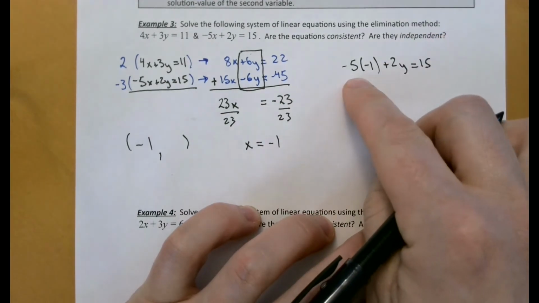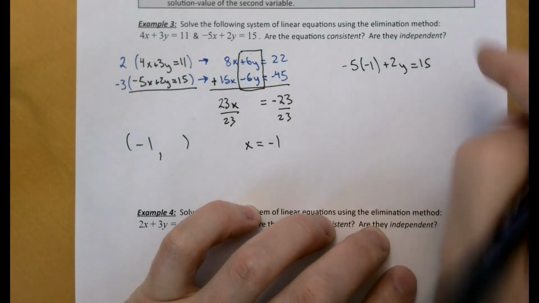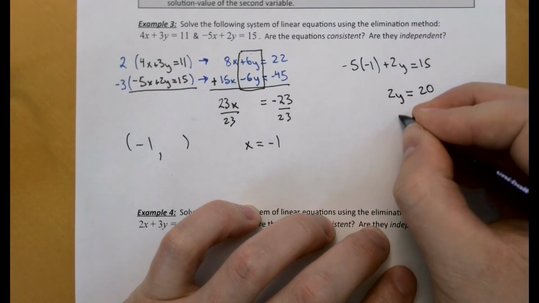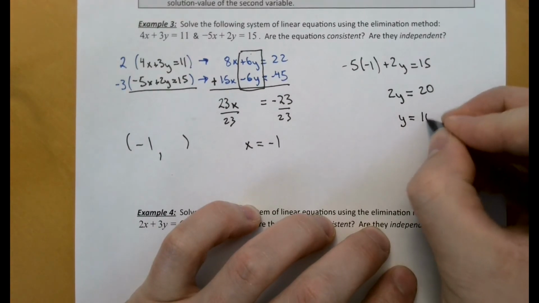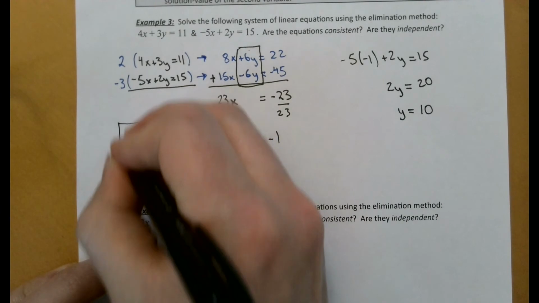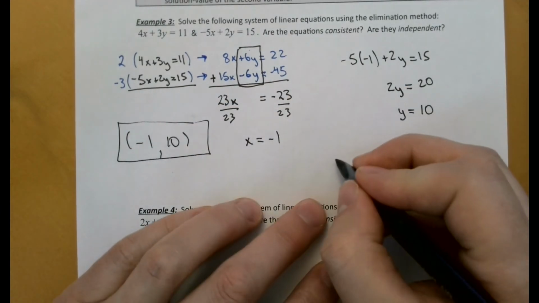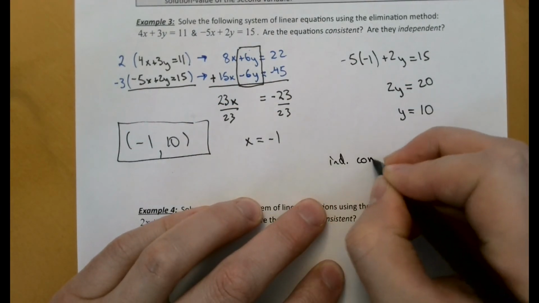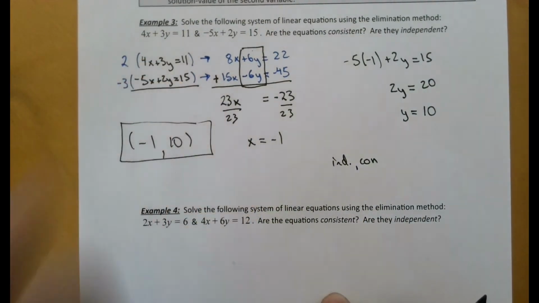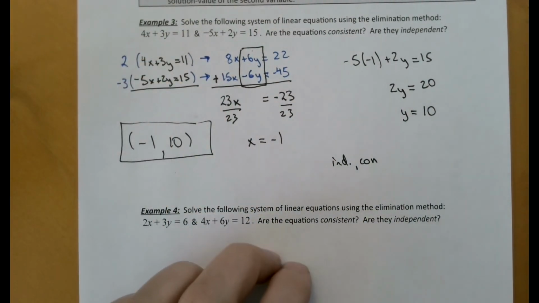Maybe it's because it makes the 5 positive, and so then I'm going to add 5 to both sides, and I get 2y equals 20, and so I divide both sides by 2, and I get y equals 10. So there's your solution. Note, this is an independent, consistent system because these equations are different, and we have at least one solution.